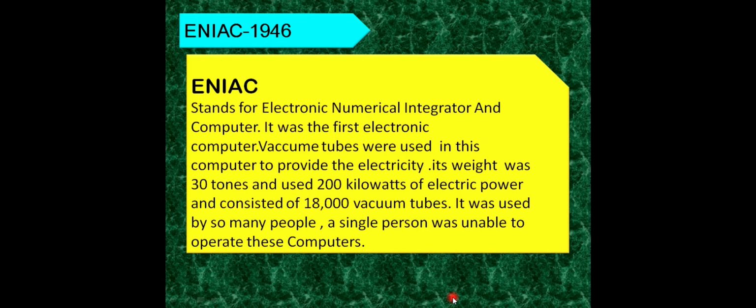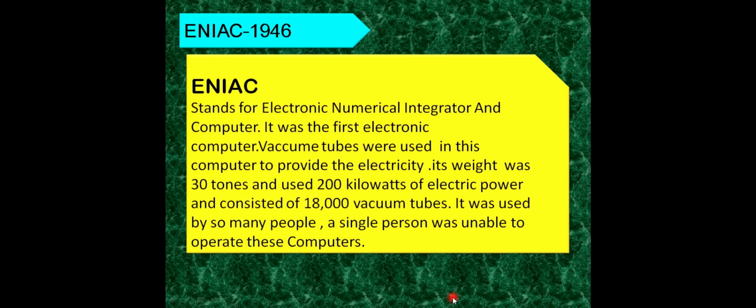Electricity was provided through the vacuum tubes, which were heavy and consumed too much electricity, high power voltage, and 18,000 vacuum tubes were required to provide the electricity to such computers.